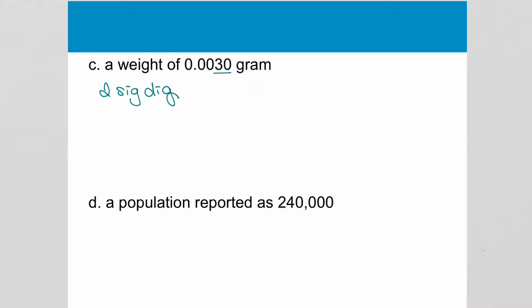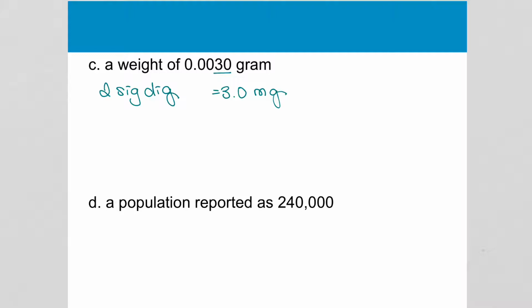Again, this could be written as, it's equivalent to 3.0 milligrams. The final 0 is significant because there's no reason to include it unless it was measured. So if it's measured, it's significant.